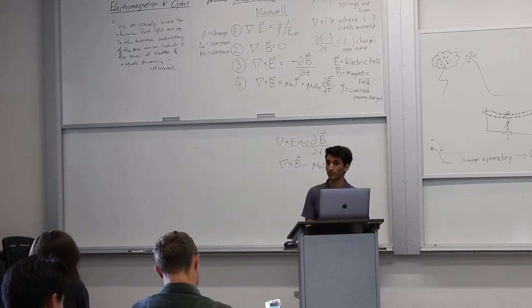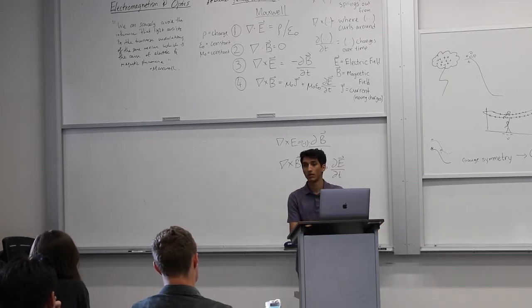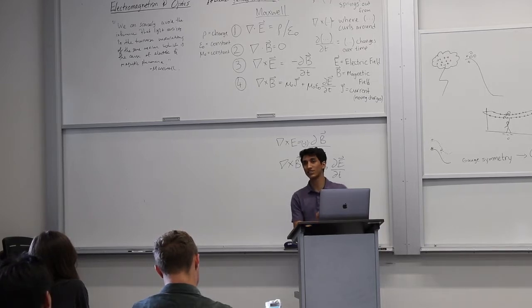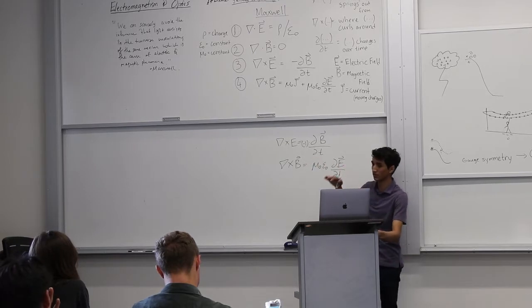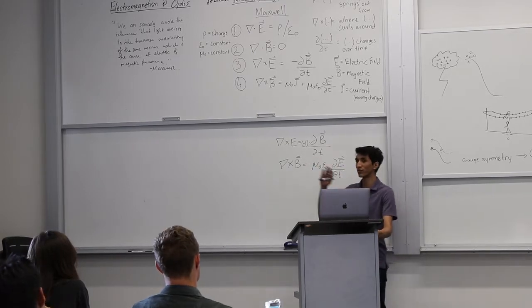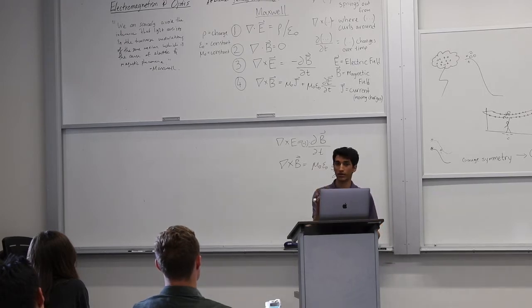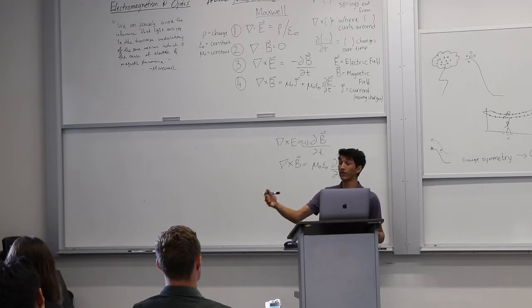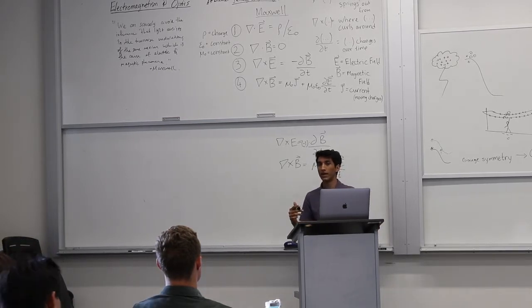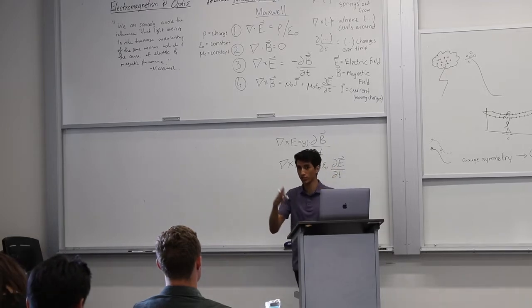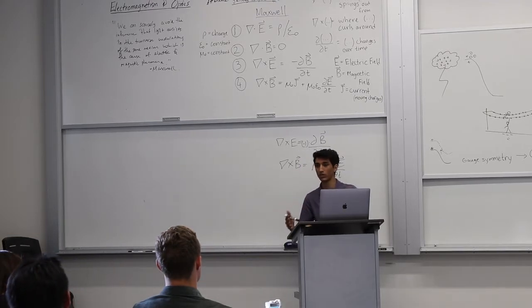Does this only happen in the absence of charges, or does it apply to all scenarios, including with charges? That's a slightly complicated question, but basically you don't need a charge in order to propagate light. Light can propagate in a complete vacuum in the absence of all charges. The interaction between charges and light isn't something that we're really going to talk about, and it's not something that really matters.